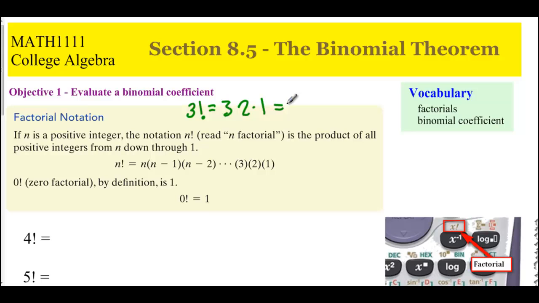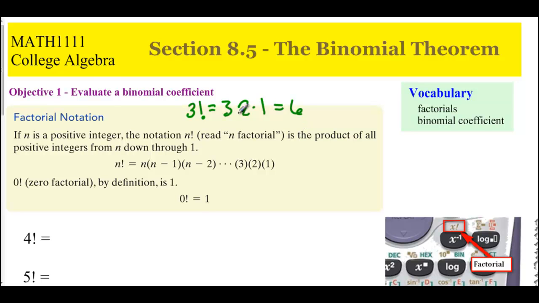And so it would be 6. So it looks all nice and fancy here where it says multiply. So n factorial is n times 1 less than that, times 2 less than that, all the way down until you get to 1. So it's just saying you're going to take that number and every whole number below it, down to 1.